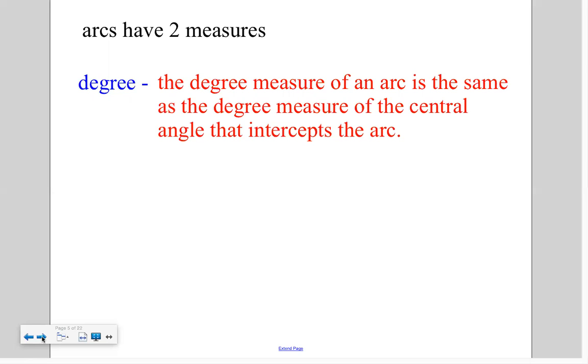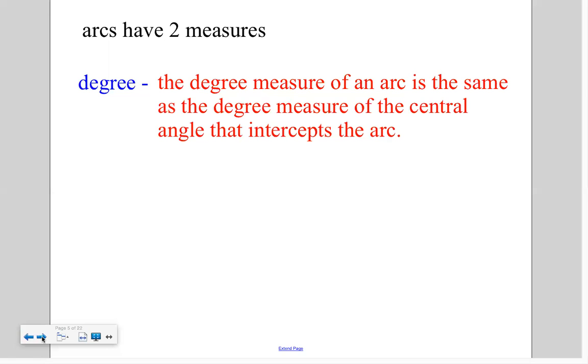And it makes sense when you're talking about degrees. A circle all the way around is 360 degrees. Same way an angle that goes all the way around is 360 degrees. So a lot of times we could measure an arc by the angle that makes it up.